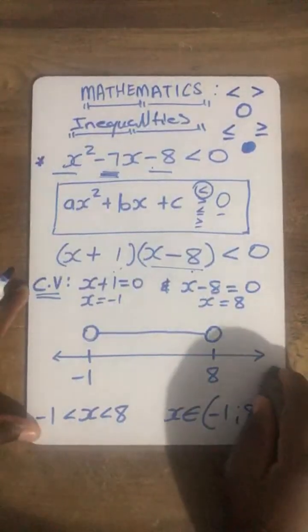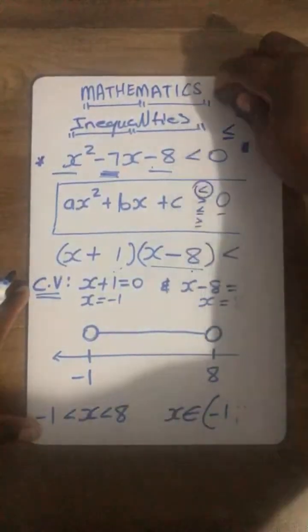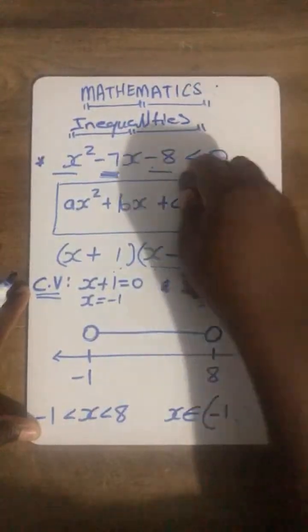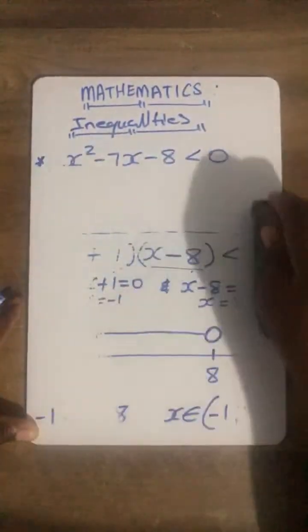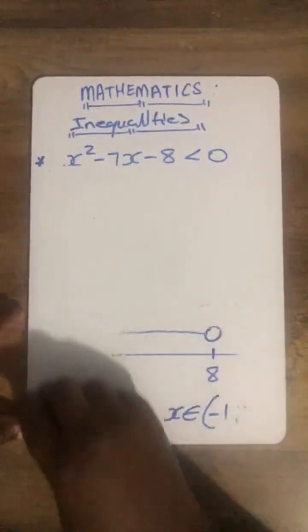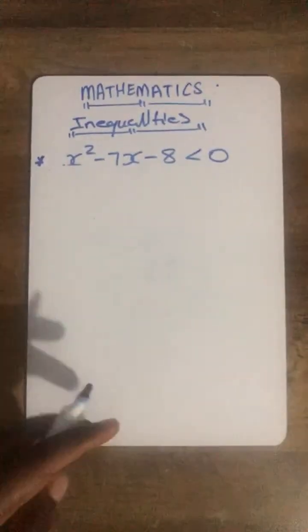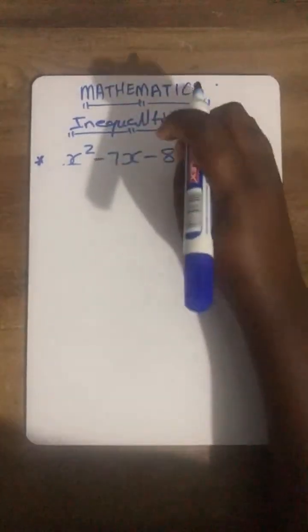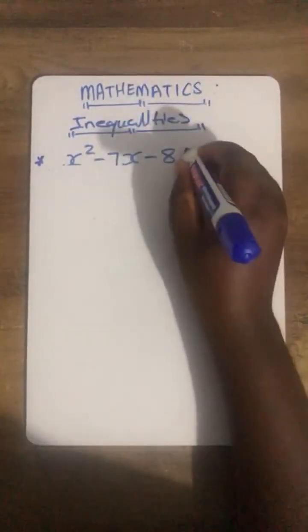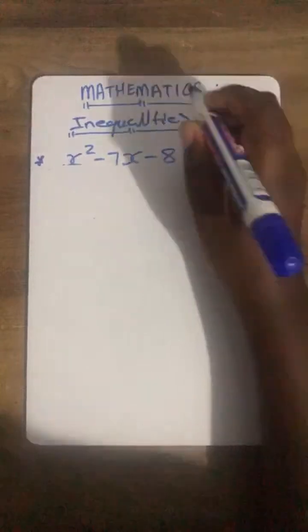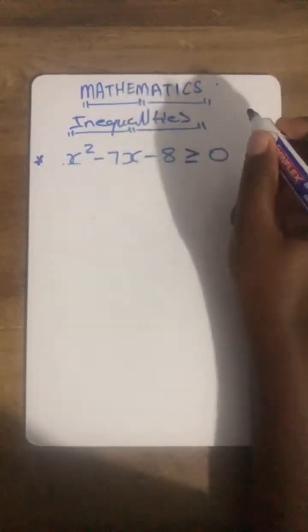Okay, let me just do this so that I've got my questions. I'm going to remove all of this, and I want to give you guys a picture of how you would work it out if it came differently.